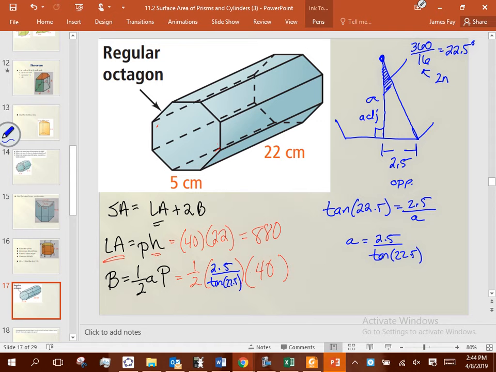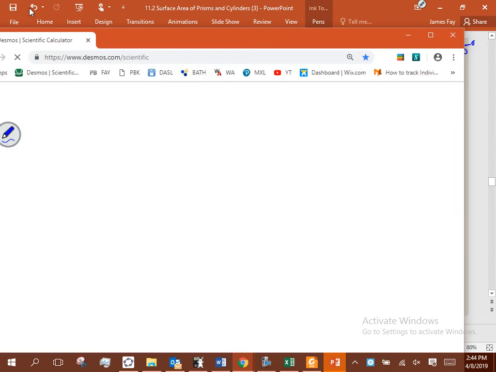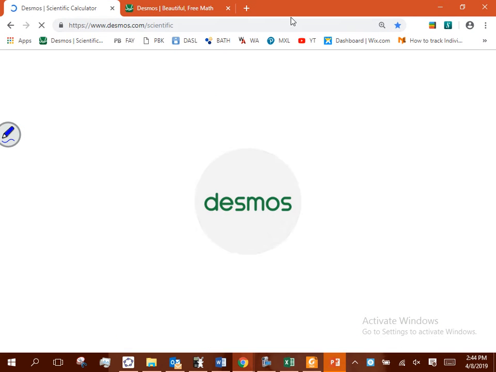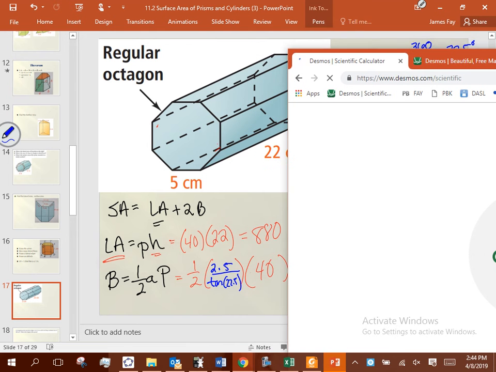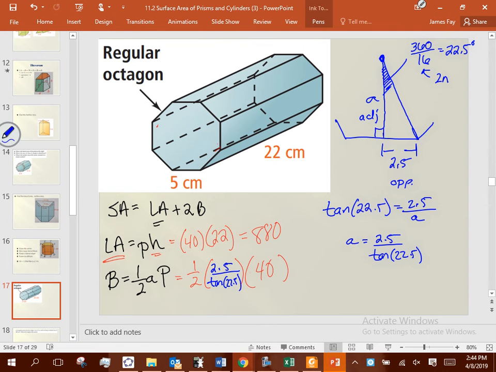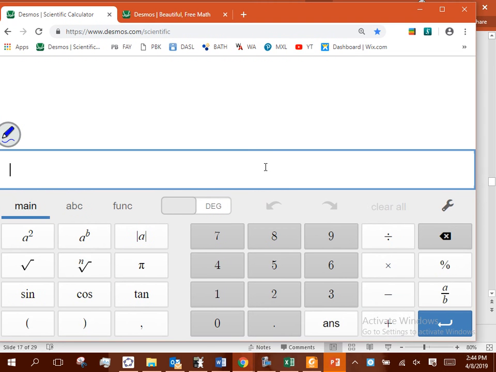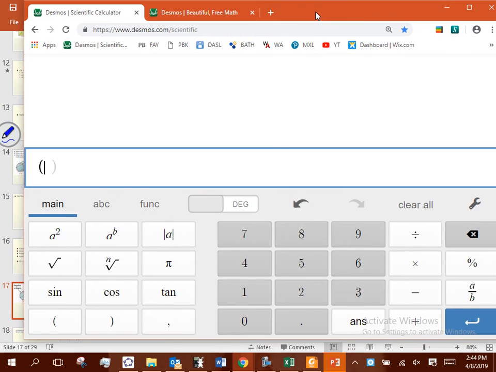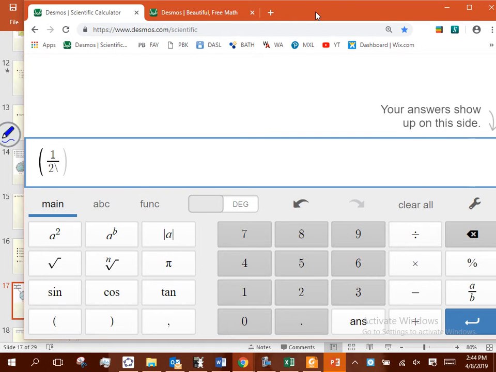All right, so then we are going to grab our calculator. The area of our base was 1/2.